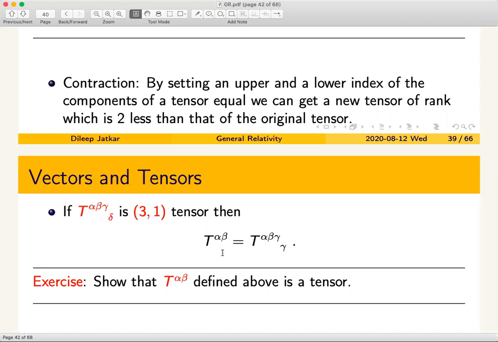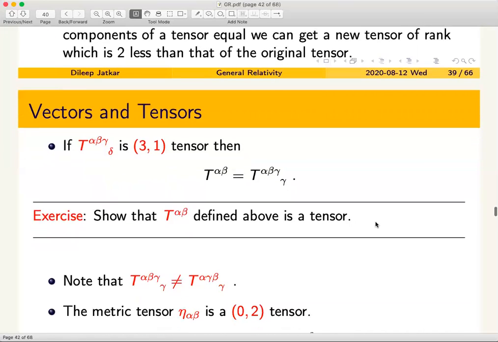Okay, so of course it's a small exercise to check that if this T alpha beta gamma delta is a 3,1 tensor, then one can show that the T alpha beta that you obtain after contraction is a 2,0 tensor. It transforms like a tensor.